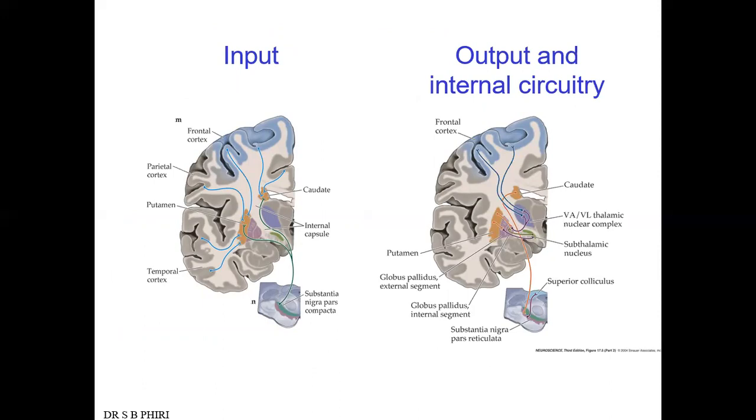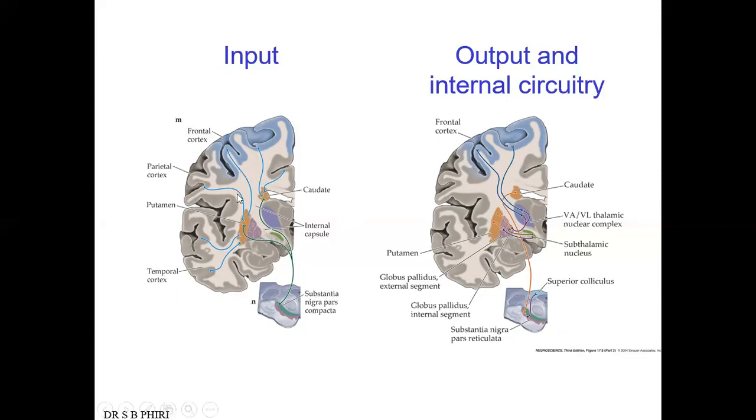This diagram is simply summarizing the input and the output of the basal ganglia. So the major input to the basal ganglia is via the striatum, the corpus striatum, like I said. So the neostriatum, in particular the corpus striatum, which is composed of the putamen and the caudate nucleus. This is where the cortex will be communicating with the basal ganglia.